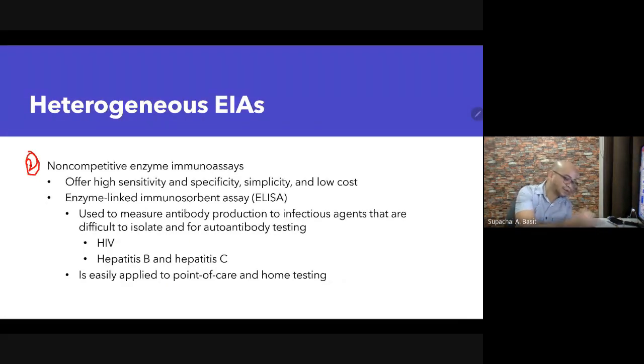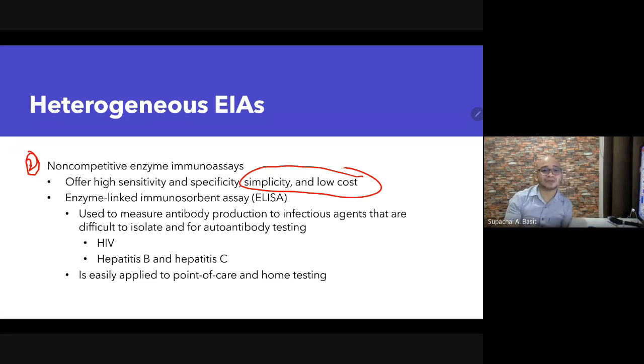It is very practical because it offers high sensitivity, specificity, simplicity, and low cost. The most common example is ELISA, which stands for Enzyme Linked Immunosorbent Assay.